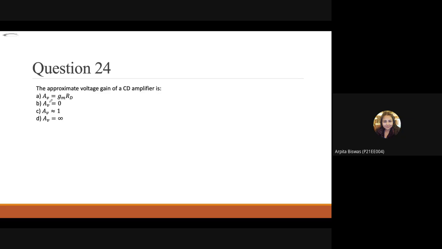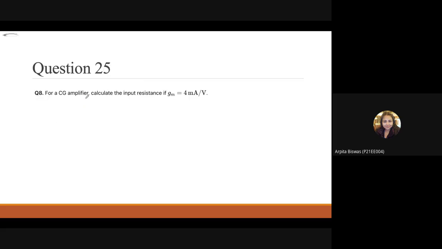Question number 24. The approximate voltage gain of a common drain amplifier is? Option C, 1, is the right option. Common drain AV is almost nearly equal to 1.